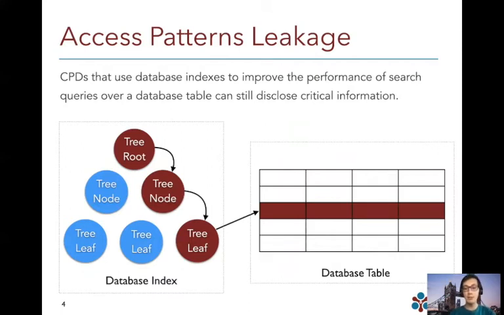On relational database systems, we generally have database tables and database indexes that improve the search time of queries over the indexes. For example, the most common use case is to use search trees to improve search time over database tables.